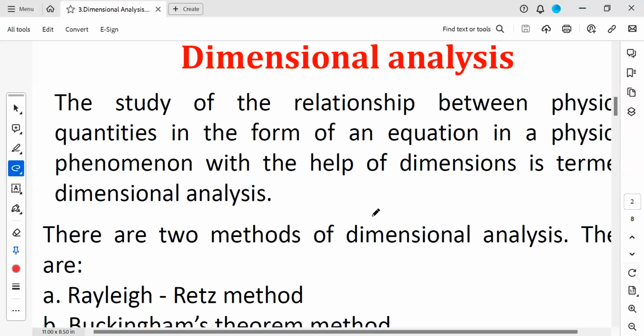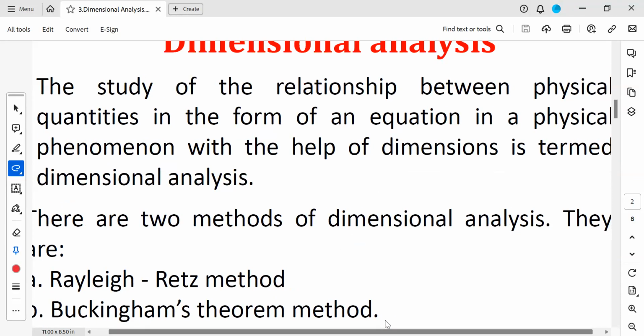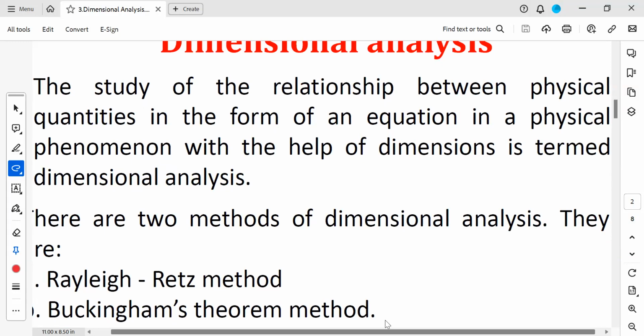Dimensional analysis is the study of the relationship between the physical quantities, in the form of an equation in a physical phenomenon, with the help of dimensions. If you take any physical phenomenon, a number of variables will be there.